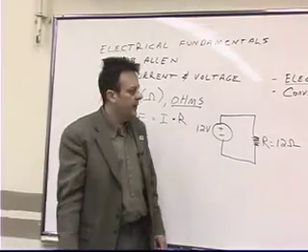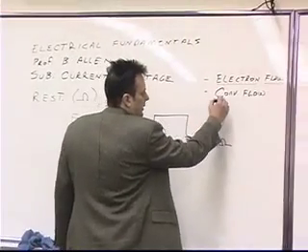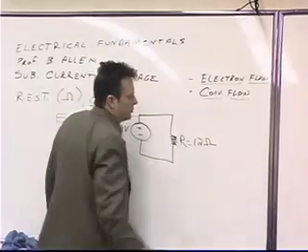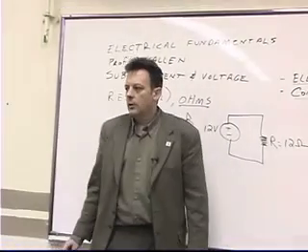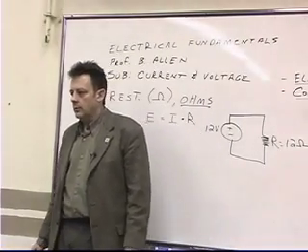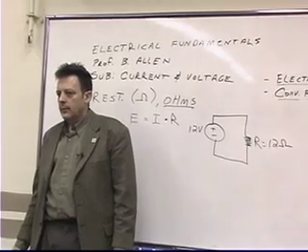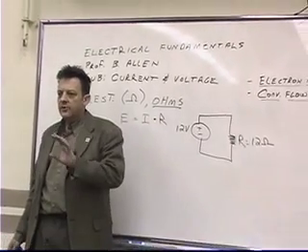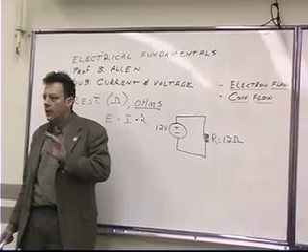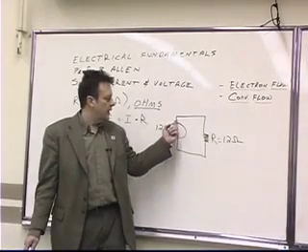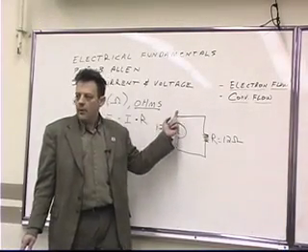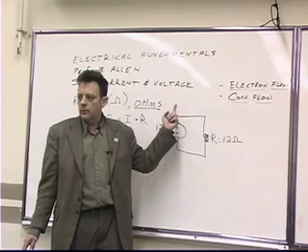The only reason that I mention this is because in some engineering schools they use conventional flow theory. Okay? It's wrong from the standpoint that the valence electrons are not moving this way. They're not moving out of the positive terminal.